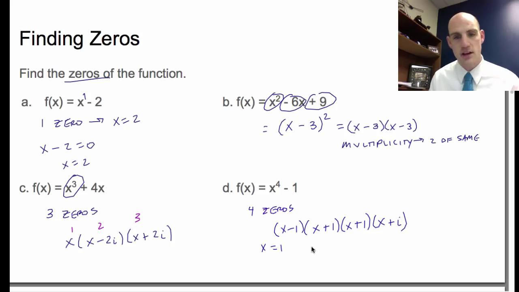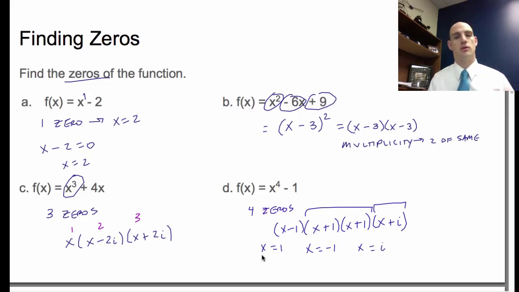So in this case, I've got multiplicity, so there's 2 of the same here. I also have an imaginary one, and I've also got a real one over here for x equals 1. So in this case, there are 4 zeros. 2 of them happen to be the same, so the number of distinct numbers is 3, but there's actually 4 because of multiplicity.